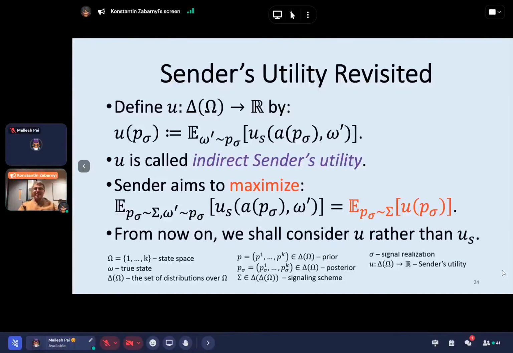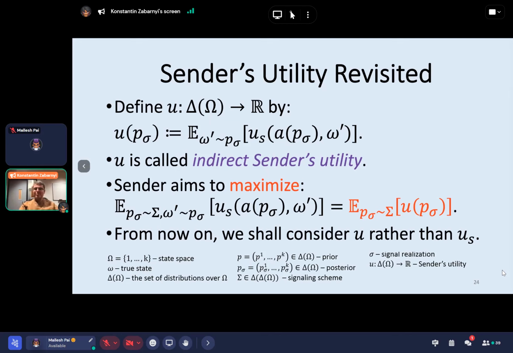And as a side effect, let's also ignore the dependency of the sender's utility on the state, because it's a bit inconvenient to tackle technically. So we'll define a new function called indirect sender's utility and denote it by U, which is just the sender's utility where the argument is the posterior distribution. So indirect sender's utility is a function of the posterior distribution.